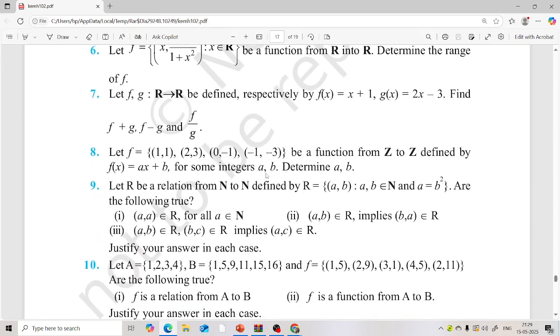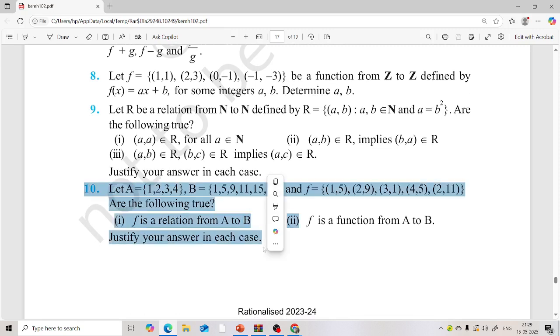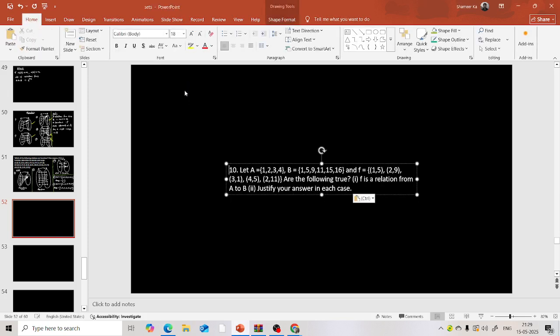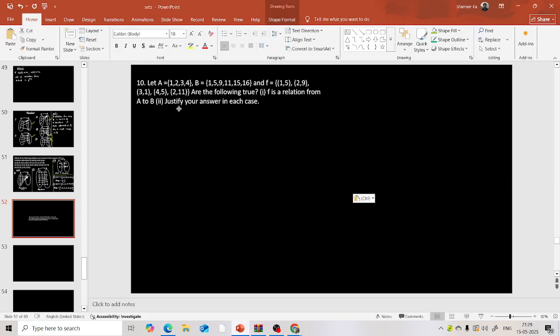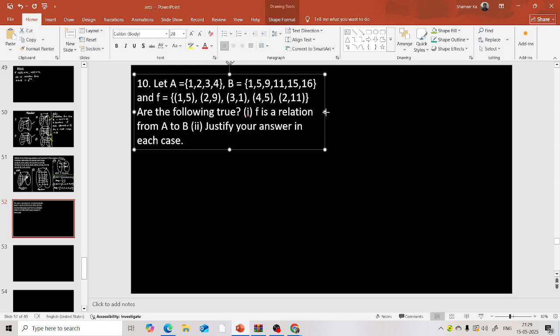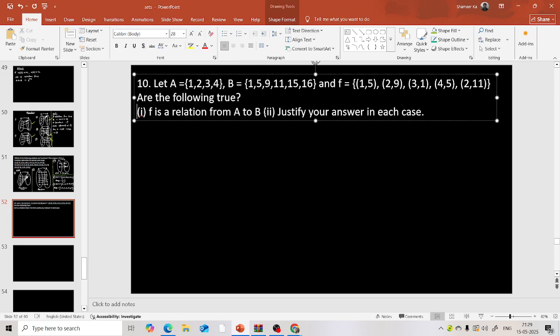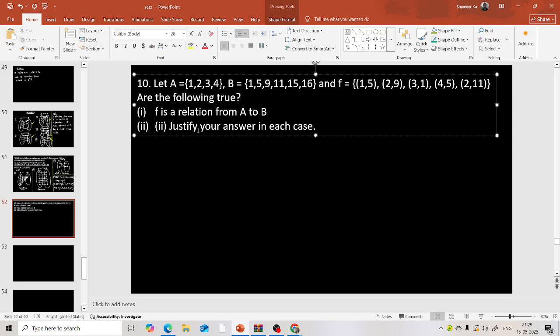The miscellaneous, I will select a few problems from the miscellaneous exercise. You try this question and send me the answer through WhatsApp. You have to draw the arrow diagram and please send it right now. Function denoted by small letter f.